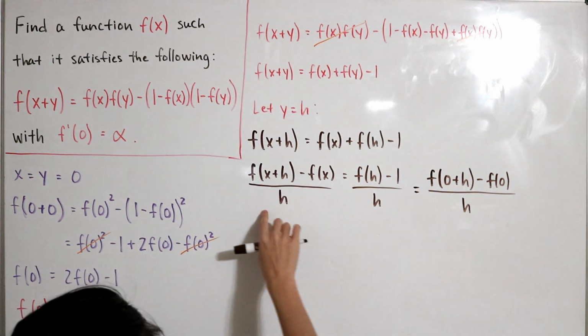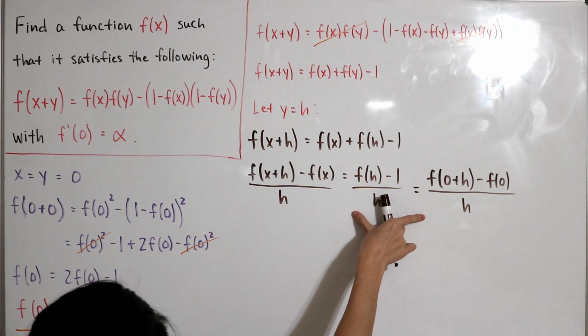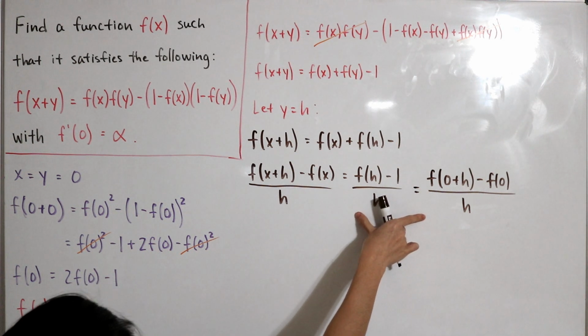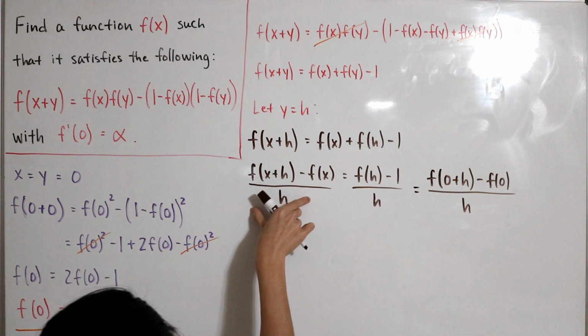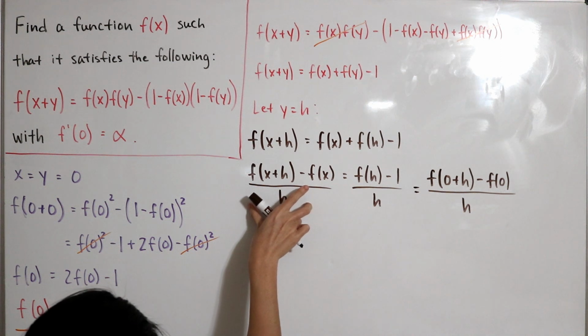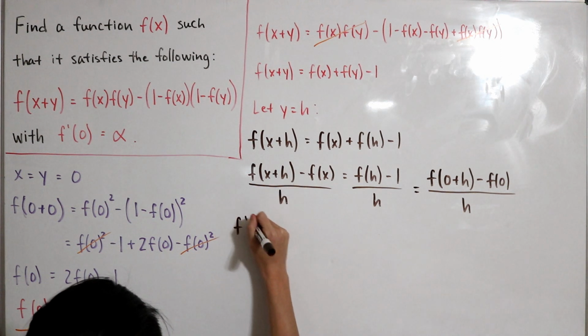And what you'll notice is that next I'm going to take the limit of both sides as h approaches 0. But what does that involve? This actually means that this is forming the definition of a derivative. So in other words, if I take the limit as h approaches 0 from here, we just form ourselves the definition of a derivative. In other words, we have formed our f prime of x.